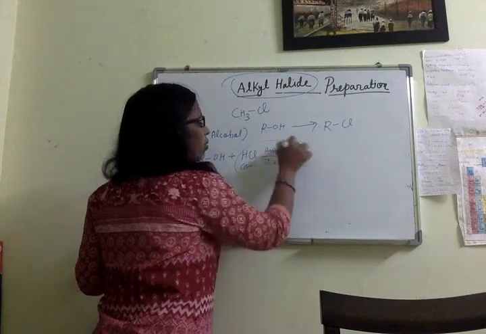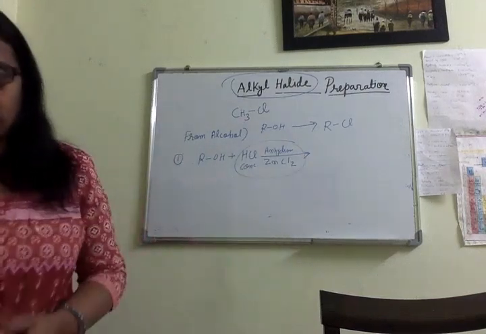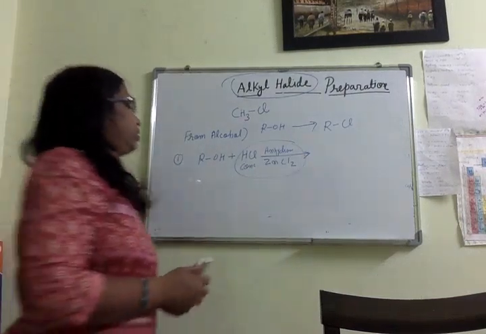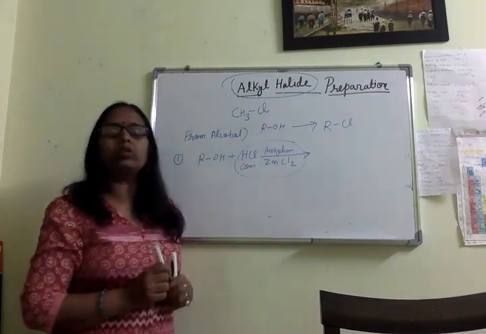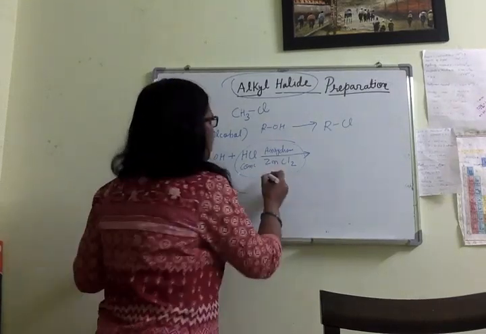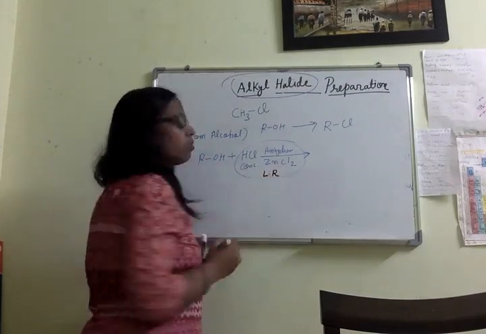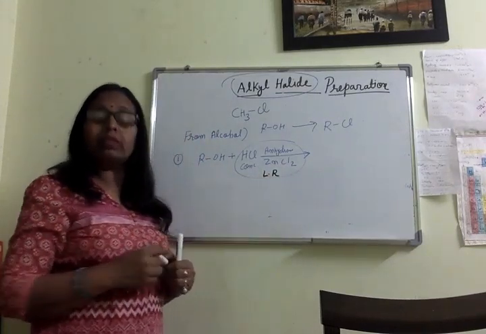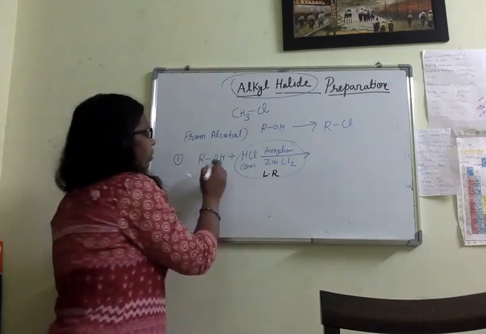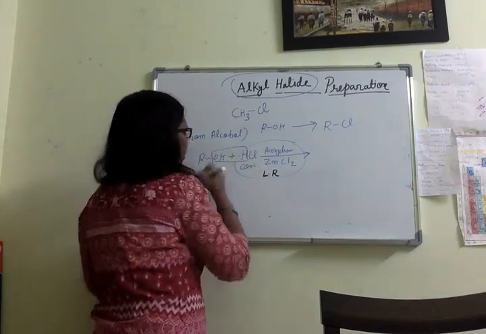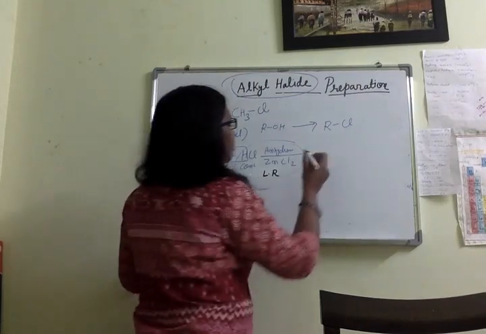This is called Lucas reagent. Anhydrous zinc chloride plus concentrated HCl is called Lucas reagent. This reaction is also between alcohol and HCl. Then water is eliminated and haloalkane is formed.